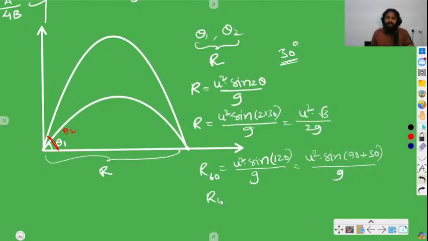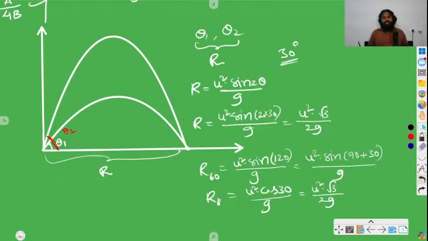Sine changes into cos for 90, so that is why R is u square cos 30 by g. Again cos 30 is nothing but root 3 by 2g. Root 3 by 2 is the cos 30.